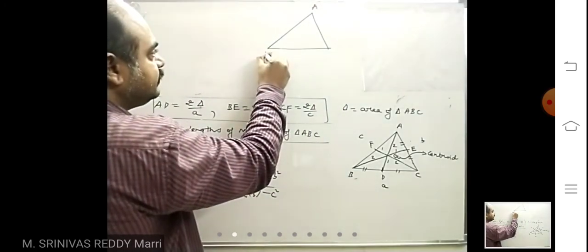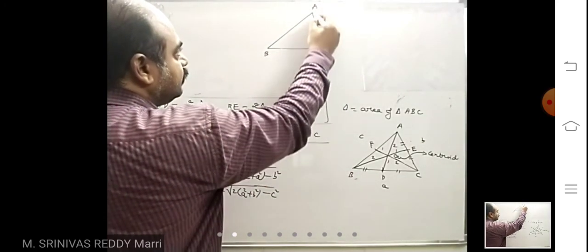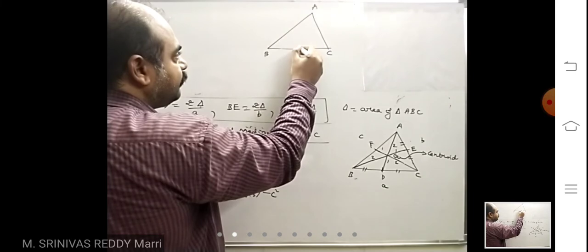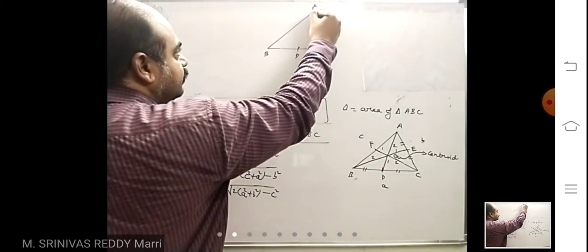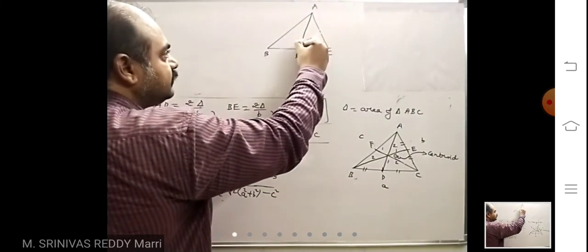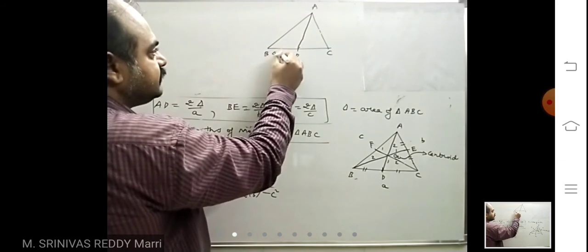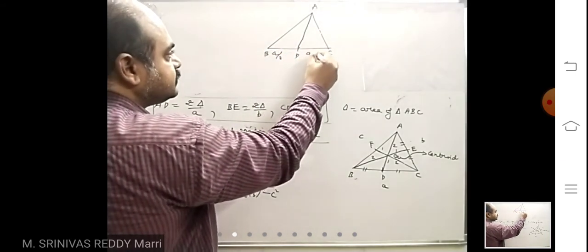This ABC triangle is there, right? This is the midpoint. Now join this. So this is A by 2. Midpoint means this is A by 2.